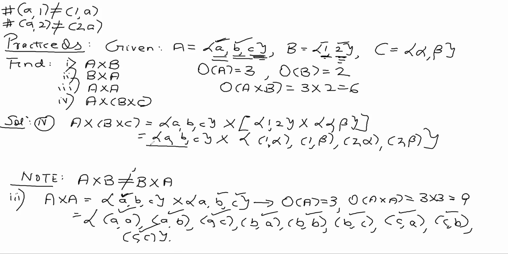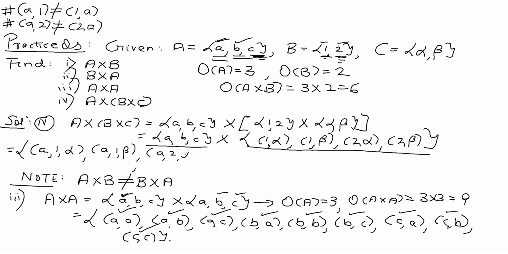Now I have to do A cross this. So it will be (a,1,alpha), (a,1,beta), (a,2,alpha), (a,2,beta), and I can go on.